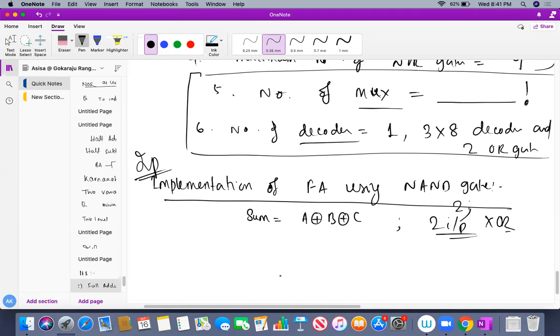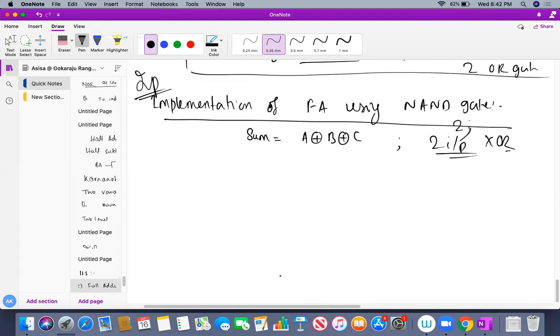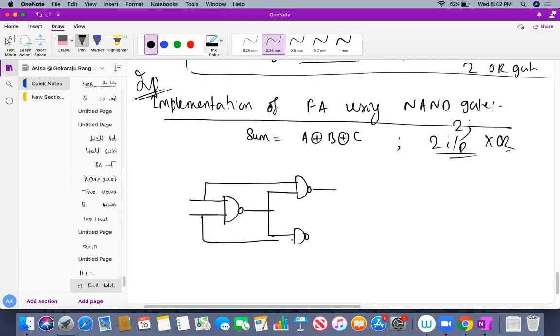So how to design a 2-input XOR? We just need 4 NAND gates. In order to get the sum, I just require 4 NAND gates for each XOR. So see here what I'm doing, very simple. I've taken it like this, and finally I have taken one more NAND gate.